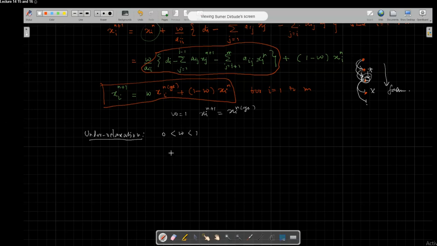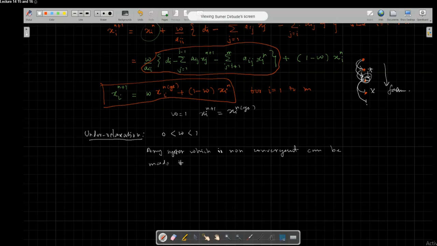Here any system which is non-convergent can be made convergent.